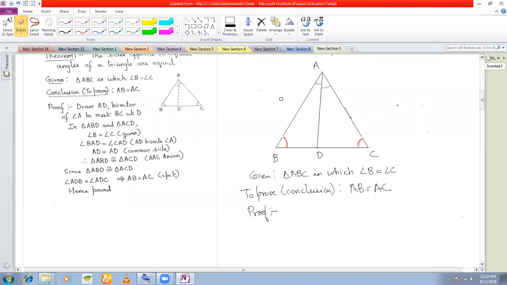By AAS. And why AAS? Because I see that these two angles are there and this side is involved, right? And this side is opposite to these two equal angles in the two triangles, right? So therefore by AAS. Very good.